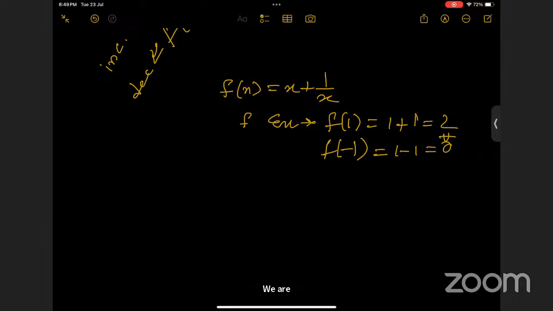We are just excluding 0 from our domain. So if we are taking R minus 0, we can't take R minus 0 because minus 1 would come in that. No, we are taking R minus 0 as our domain, right? So except the point 0, the function will be defined everywhere, right? Yes, ma'am. So is it again injective? Try to think.